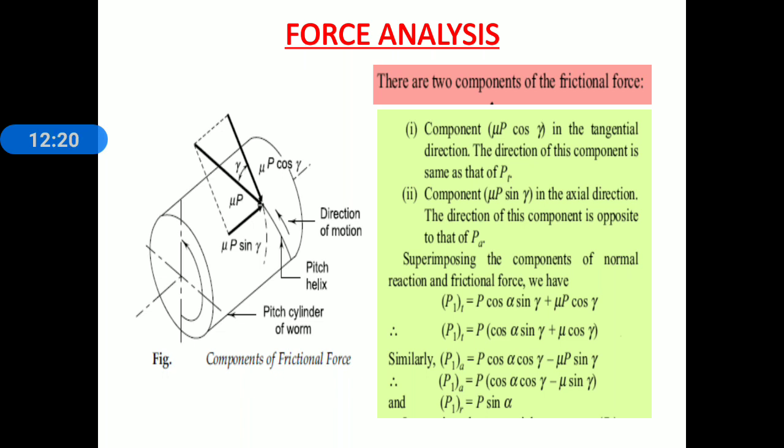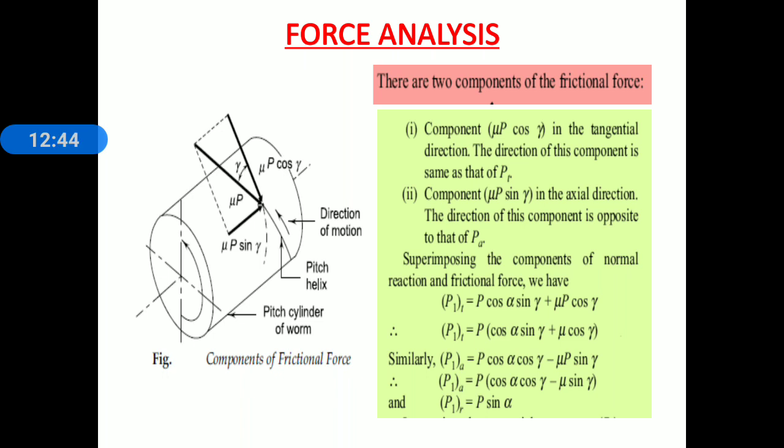Similarly, the axial component of the resultant tooth force acting on a worm, that is P1A, is equal to the normal reaction P cos alpha cos gamma minus the frictional force mu P sin gamma. Why is the minus sign there?